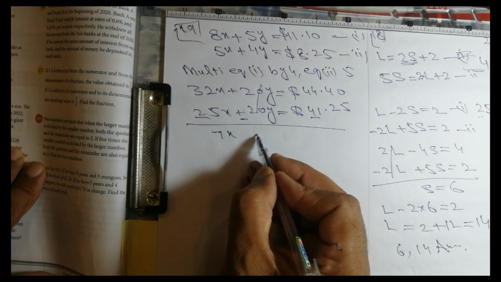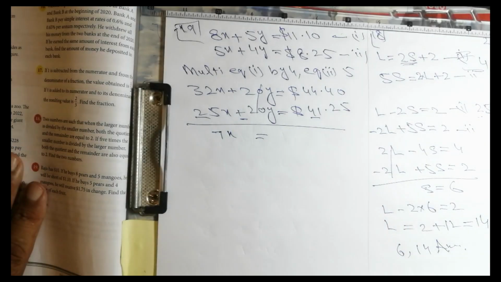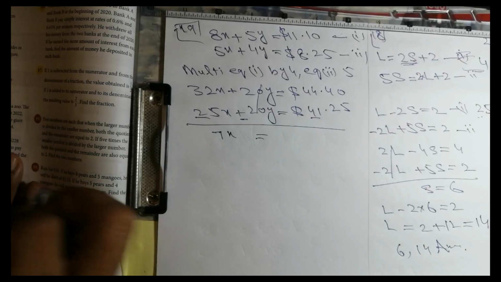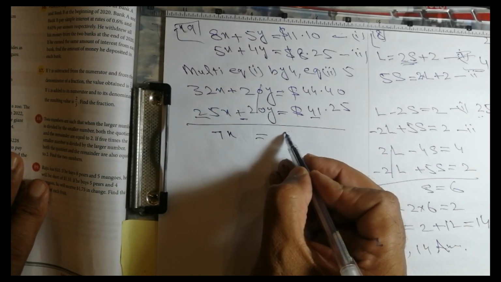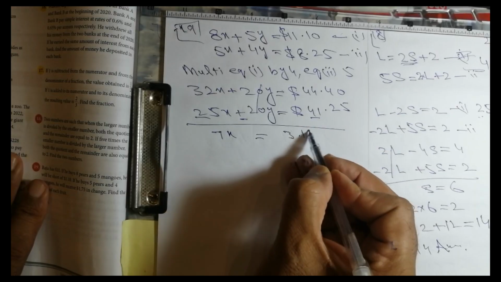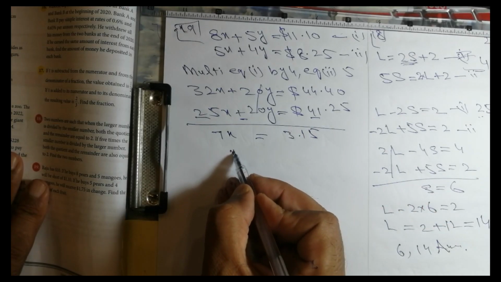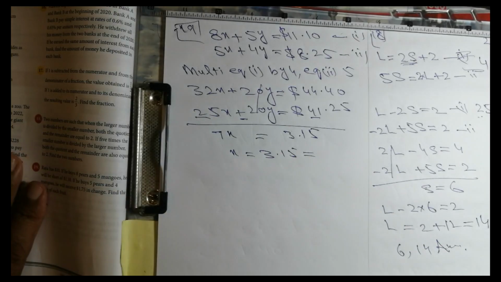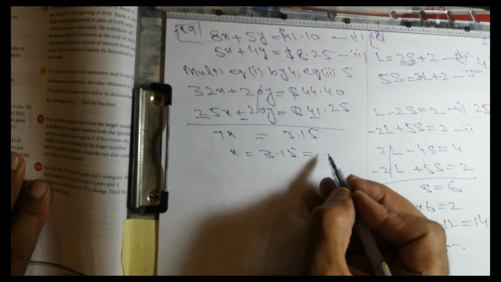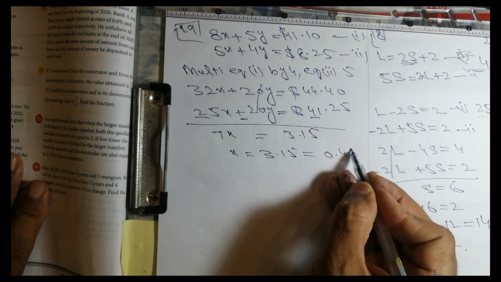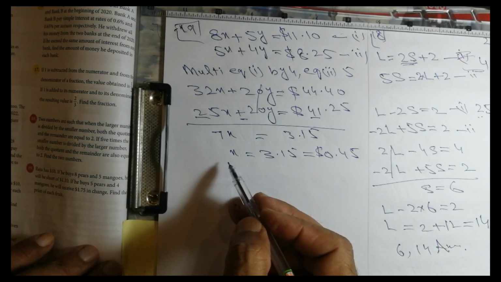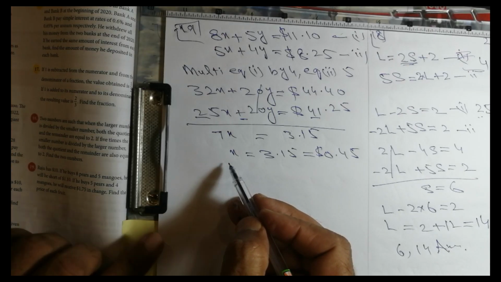So this is equal to 7x equal to 3.15, and x is equal to 3.15 divided by 7, 0.45. So x, which was the price of 1 pear.